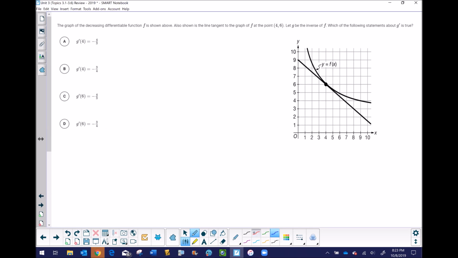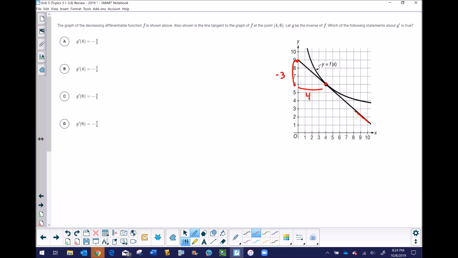All right, so let's talk about this. What is the slope of this tangent line? Is that something that we can compute? Now, if we look at this pretty closely, we have a point right there, and I'd say that there's a point up here at (0, 9). So the slope looks like it's going down 3 units over 4, right?